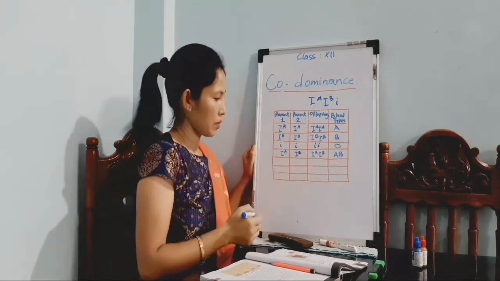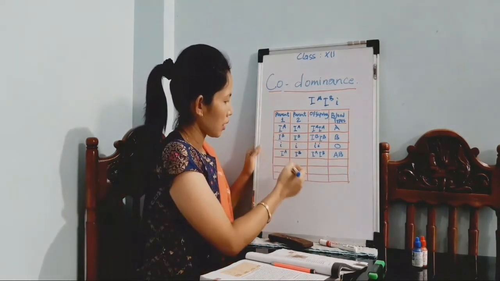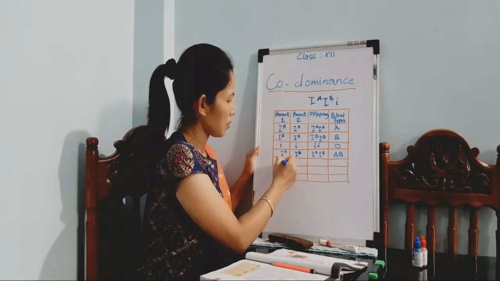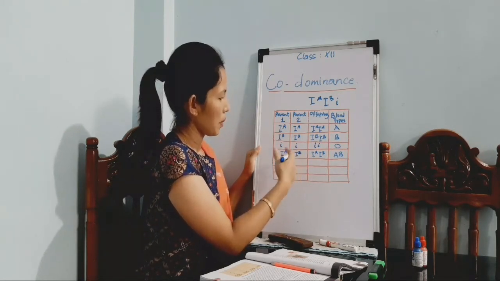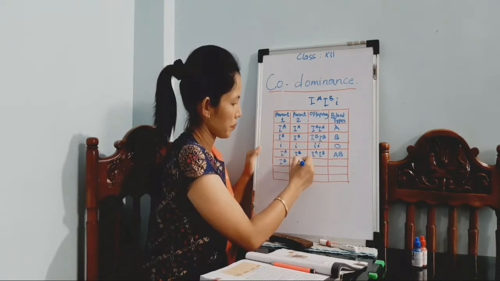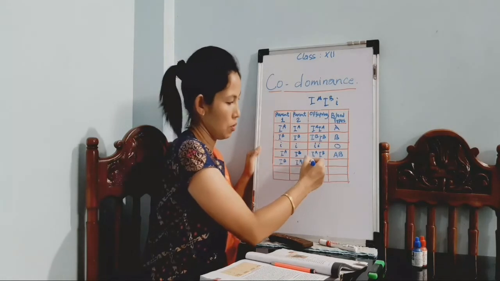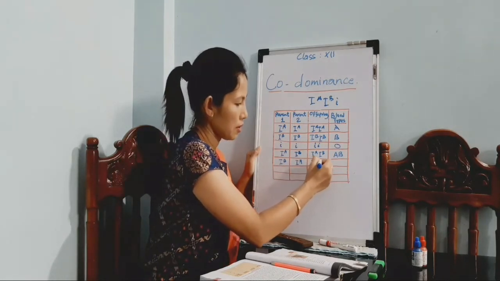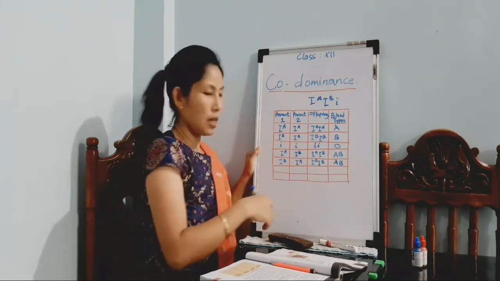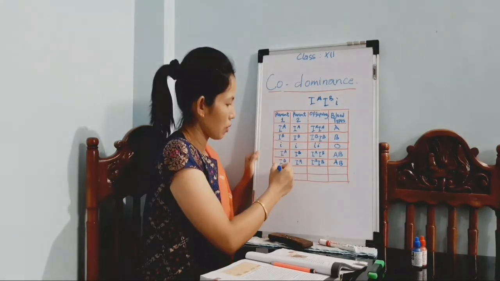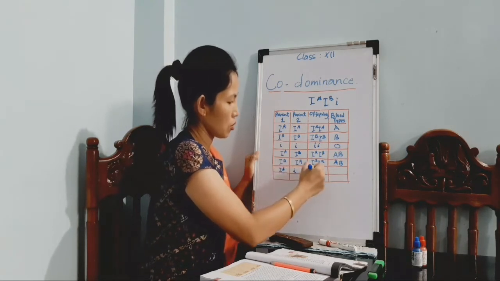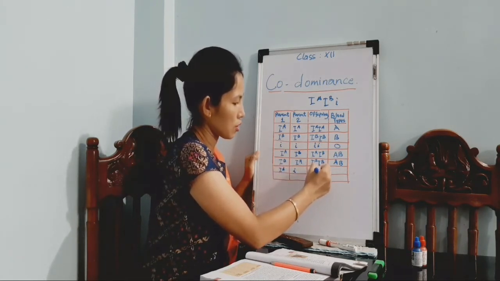Or in the second case, if parent 1 produces IB and parent 2 produces IA, it will again be IA IB, so the blood group will be AB. And in the next case, if parent 1 produces IA and small i, the combination will be IA and small i.